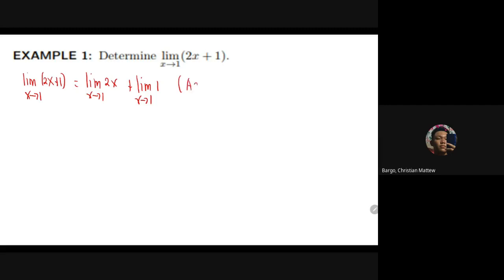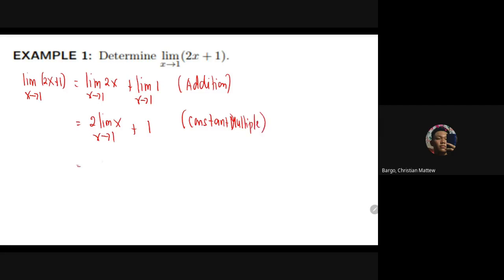So this one is the addition theorem. And then we have 2 times the limit of x as x approaches 1, plus the limit of 1 as x approaches 1, which is equal to 1. It's called the constant theorem. Or I mean, not theorem, but constant multiple.